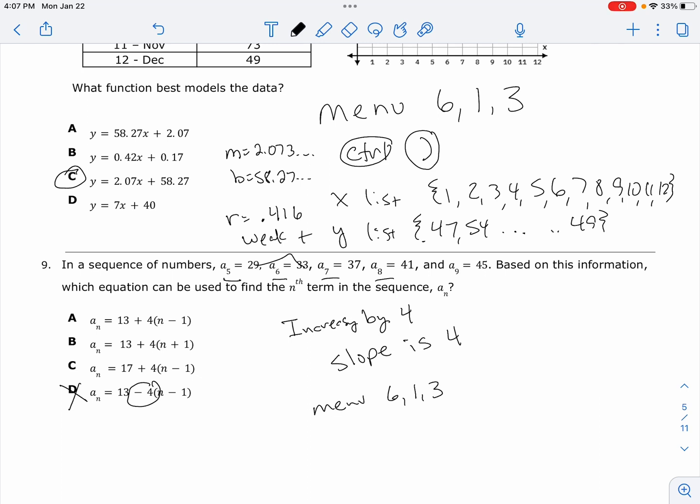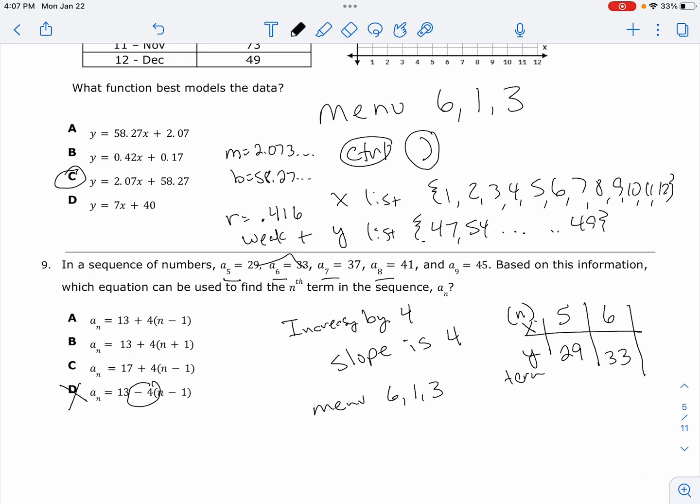So here's my list. Here's my table. Your position number is your X, and then your output is your Y. This is your term. So first position is 5. The value is 29. Second position is 6. Value is 33. Okay. So I'm just going to do 2 of them. You only really need to do 2. You can do more if you want to.